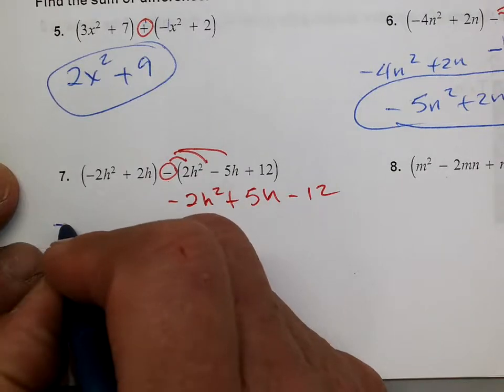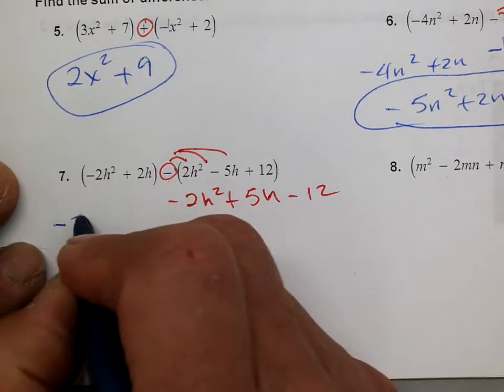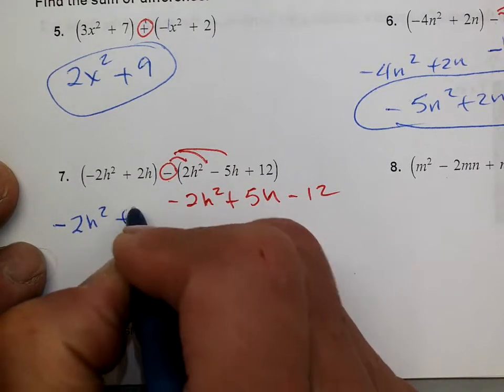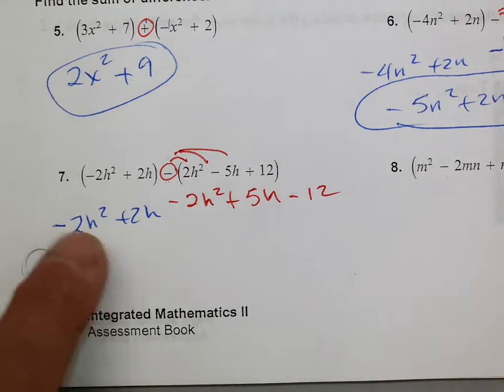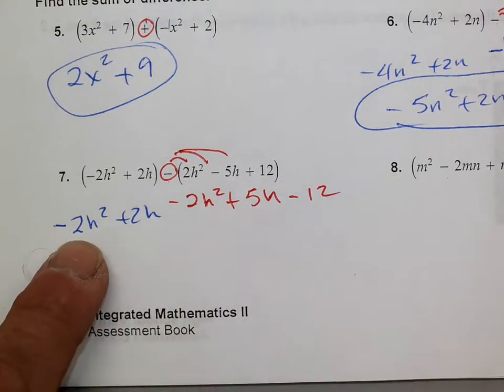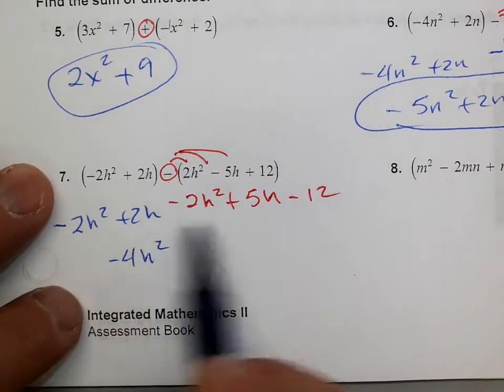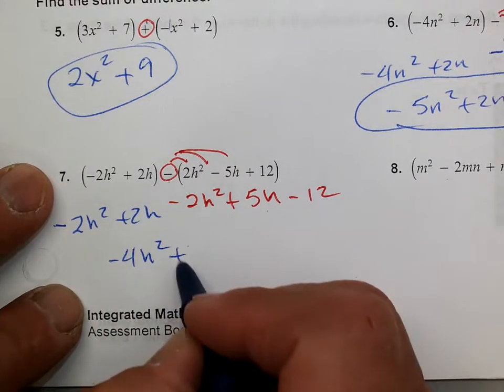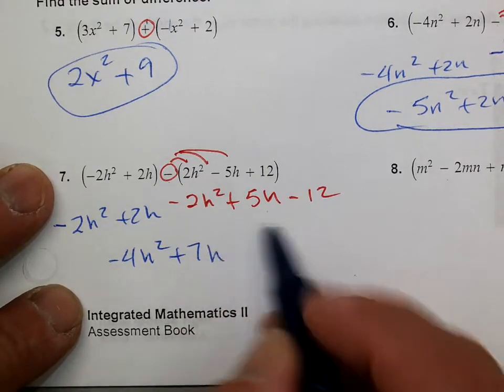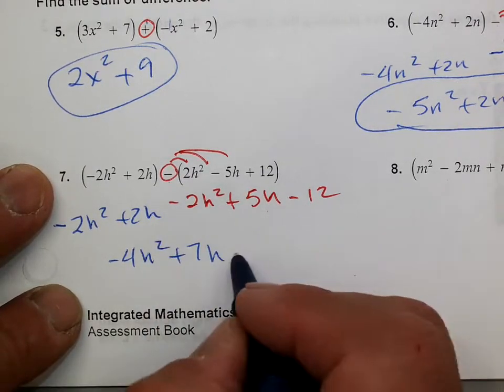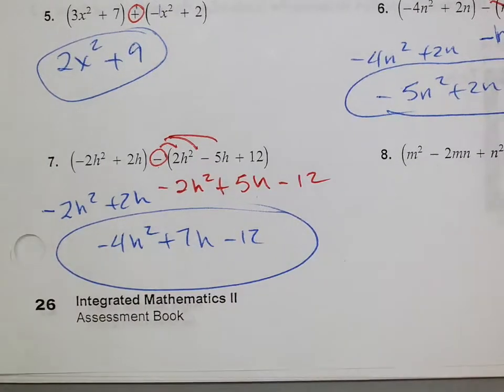You don't really need parentheses if there's nothing in front of them, so you can drop them. And then we'll combine them. Okay, 2h squared and another 2h squared makes a -4h squared. 2h and a 5h makes a 7h. And then my 12 is all by itself, so minus 12, okay?